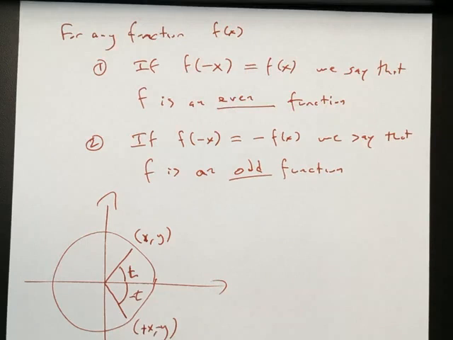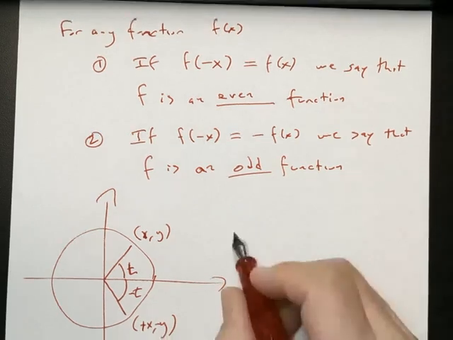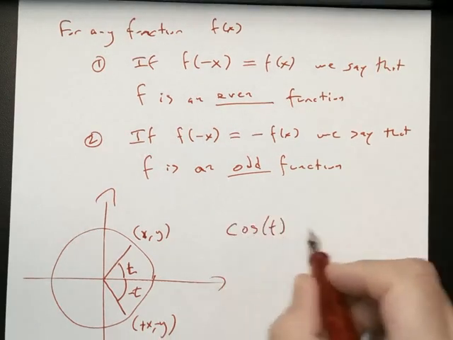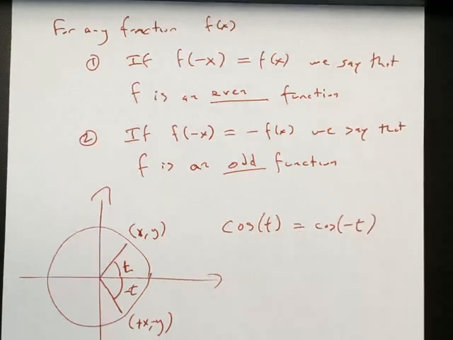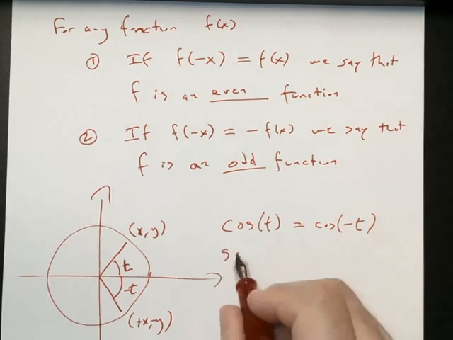Cosine. That means the cosine up here is the same as the cosine down here. That's even. And since secant was 1 over x, I can say the same thing about secant.